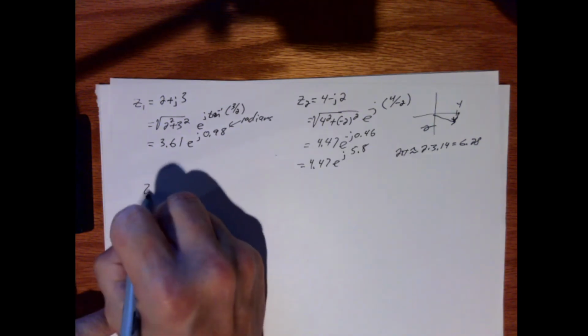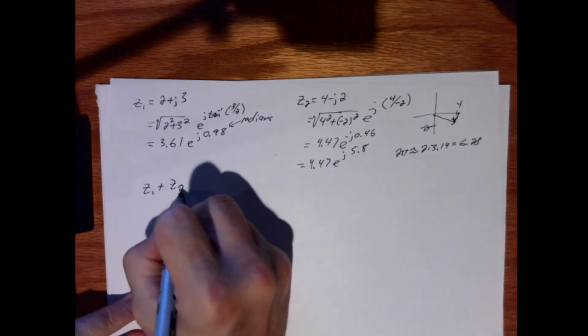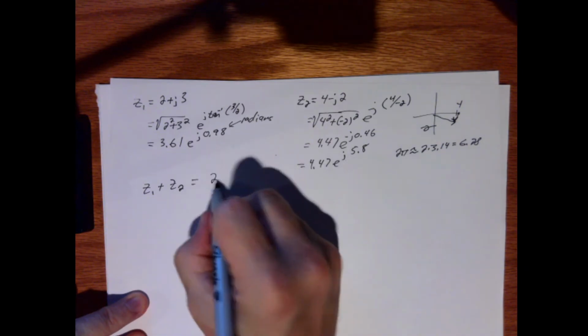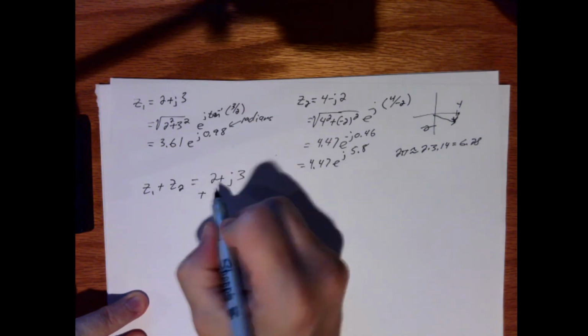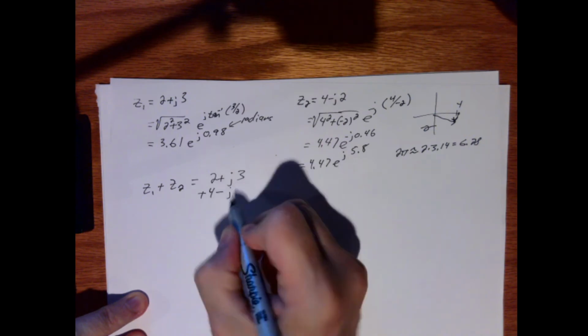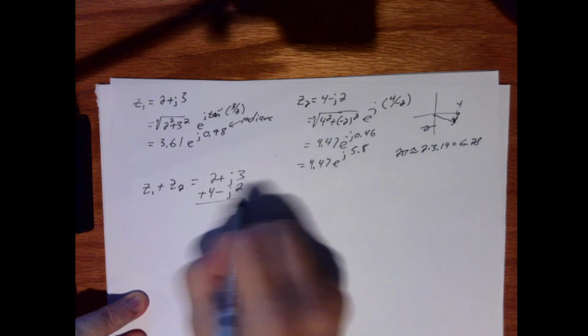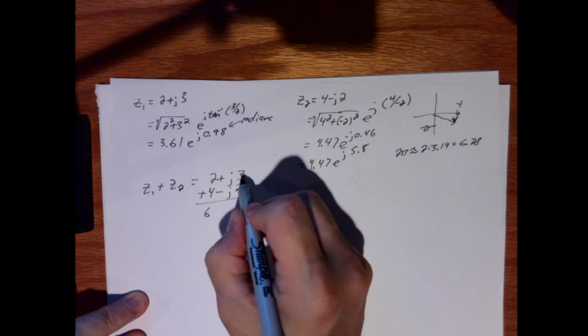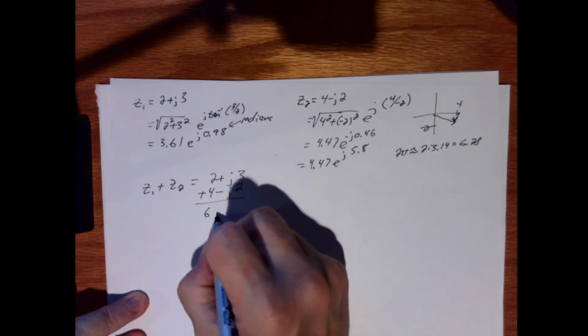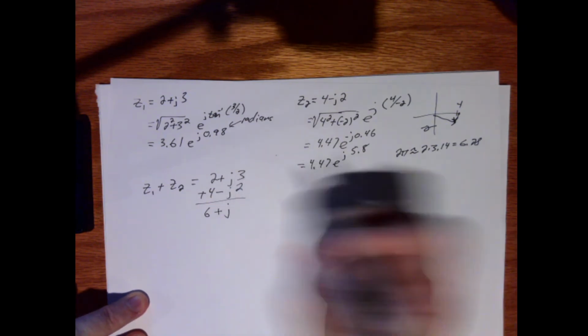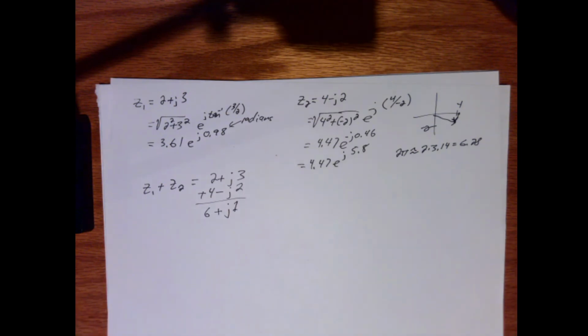Now if I want to add these, it's straightforward. It is 2 plus j3 plus 4 minus j2. So 2 and 4 is 6, and 3 minus 2 is positive 1. So you can write it this way or whatever you want to do. All right?